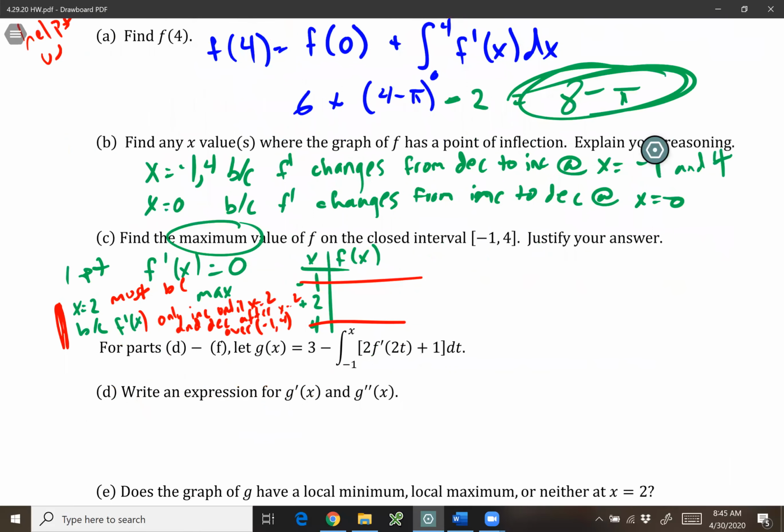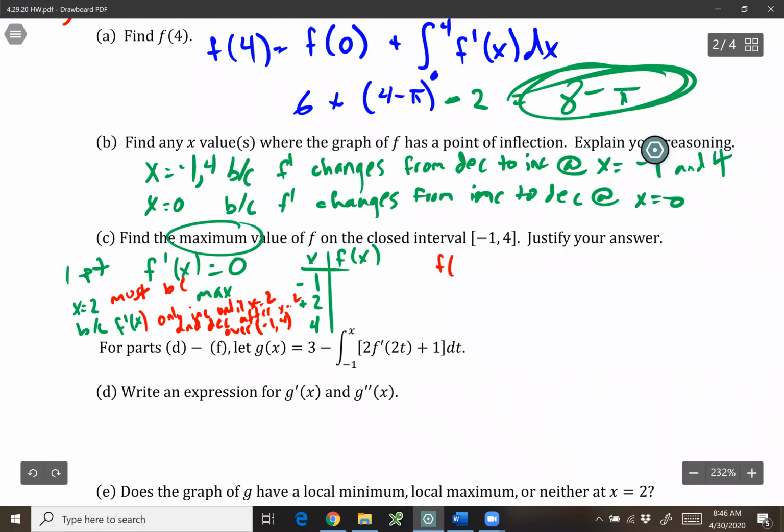So let's say you didn't write the explanation and you're not confident in that. You can also justify it by just checking all 3 points. To get these points, it's the same as what we did in part A. F of -1 equals f of 0 plus the integral from 0 to -1 of f prime of x dx. We already did 4, and for our answer for 4, we got 8 minus pi.